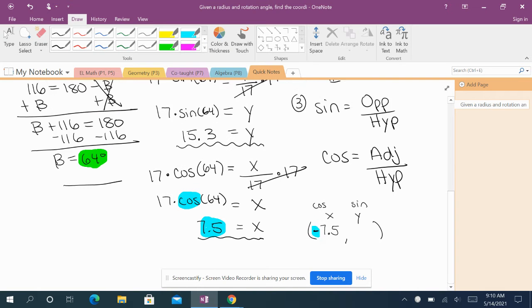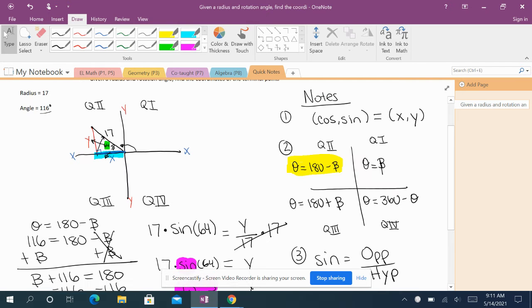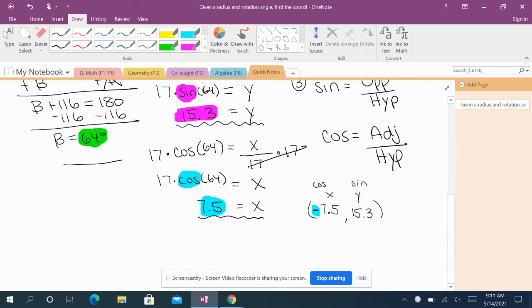Now same thing for y and for sine. When we used sine, we got a value of 15.3, so I'm going to put 15.3 right here. Again, I need to look up here and see that we went up. When we go up, or when we're in quadrant 2, our sign for sine is positive.